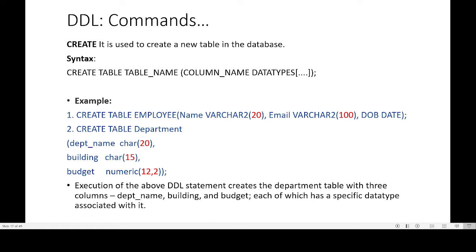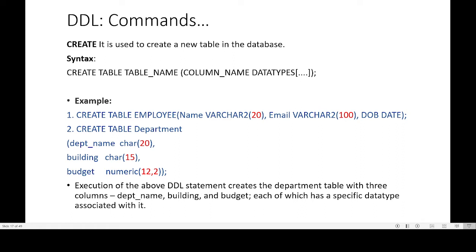So name, it is varchar, and the limit is 20. This can be any number, 50, 100, whatever your requirement is. Then the second column I am giving as email, with its data type. Then the third column I am defining as date of birth, and I want the data type to be date. So this is how we create a table.